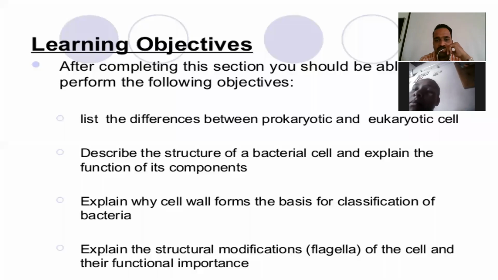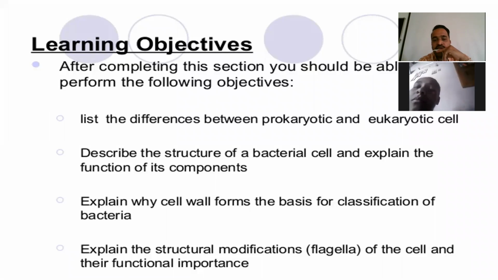Okay, so this is one of the favorite questions of all the examiners, describing the structure of a bacterial cell and explaining the functions of each component. After this you will be able to explain why the cell wall forms the basis for the classification of bacteria, and how it is very important.